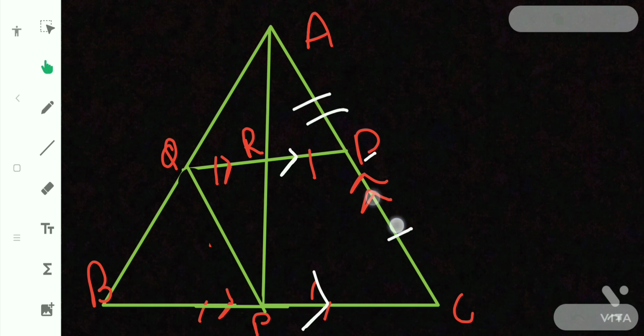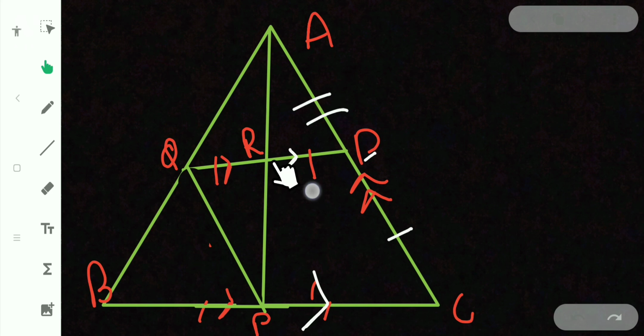As this line through R bisects the third side, AC, AD is equal to DC, so D is the midpoint of AC.